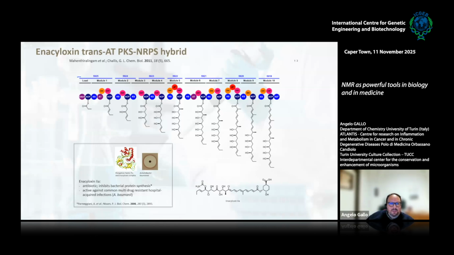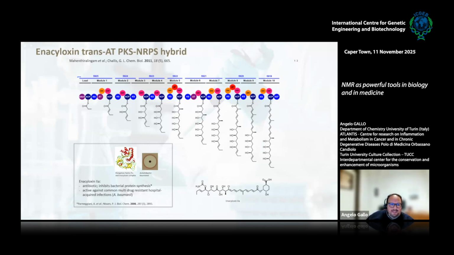This antibiotic, N-acetylocin 2A, is the only arm we have against the resistant Acinetobacter baumannii acquired in hospitalization. As you can see, this antibiotic can inhibit bacterial protein synthesis and is active against the most common multi-drug resistant hospital acquired infection of Acinetobacter baumannii.